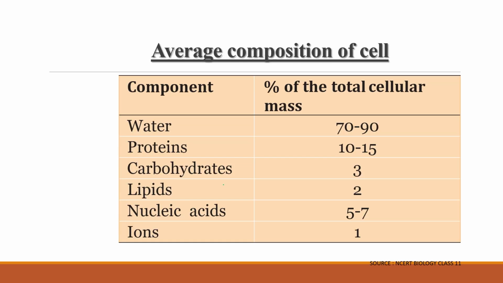So what is the average composition of the cell? If we analyze the average composition of the cell, then we can find that the maximum percentage is water. You can see over here 70 to 90% water is present inside the cellular mass, and after that protein 10 to 15%, and just after protein, nucleic acid is there 5 to 7%, followed by carbohydrate, then lipid, and then some ions.